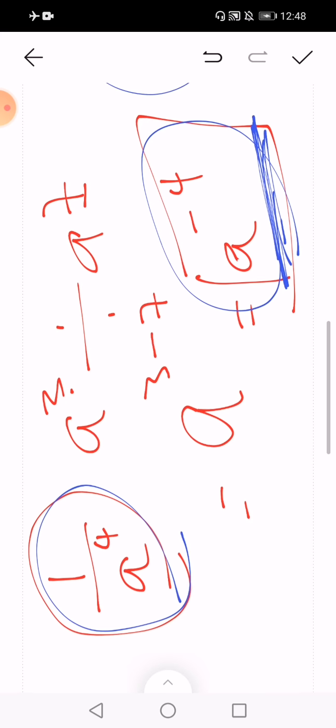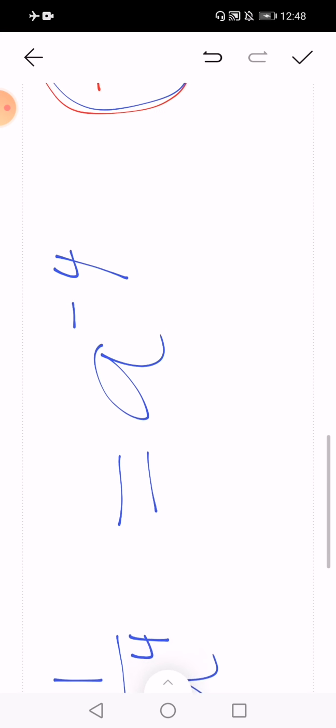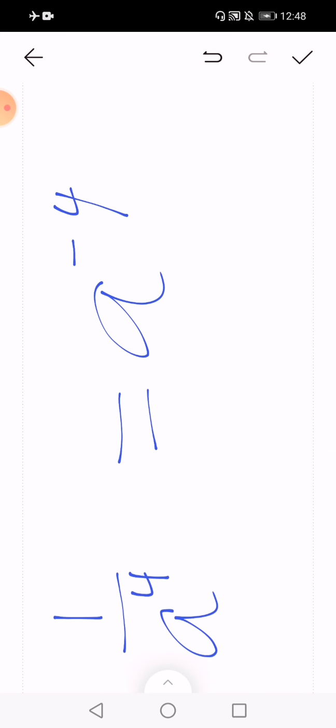So now we can safely say that 1 over a to the power 4 is the same as a to the power negative 4. So a negative sign in the index can be thought of as meaning 1 over.